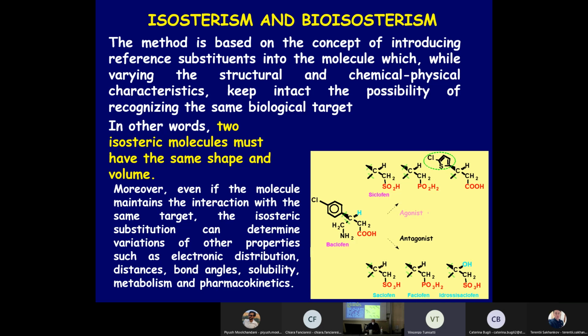How can we change again the chemical structure of natural compounds, of endogenous agonists, in order to get more potent compounds? It's not so easy, for example, to change the chemical structure of noradrenaline. How can we change this structure?